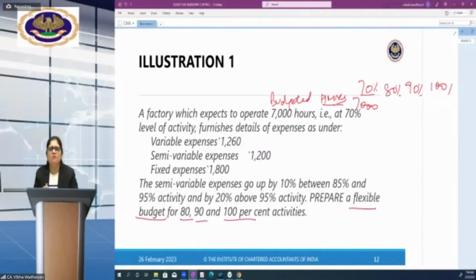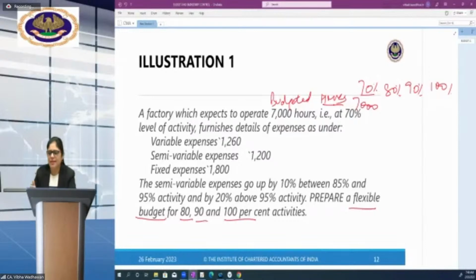If there is an expected increase or decrease in the material cost or labor cost or wages cost or whatever, flexible budget takes care of all the changes which might happen in future at different levels of activities. So that is the significance.